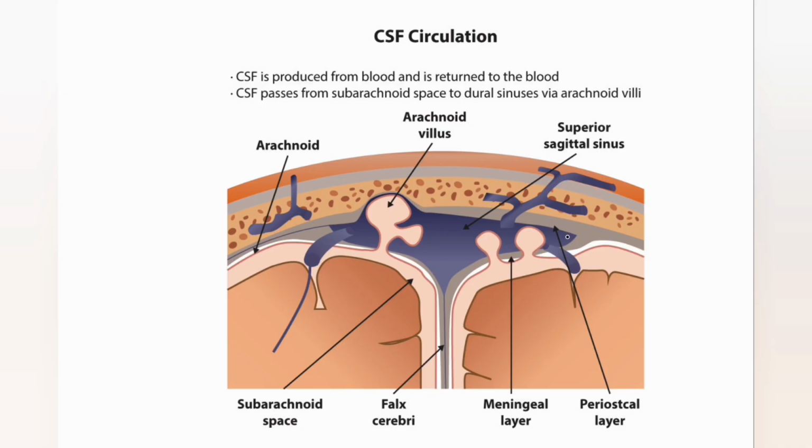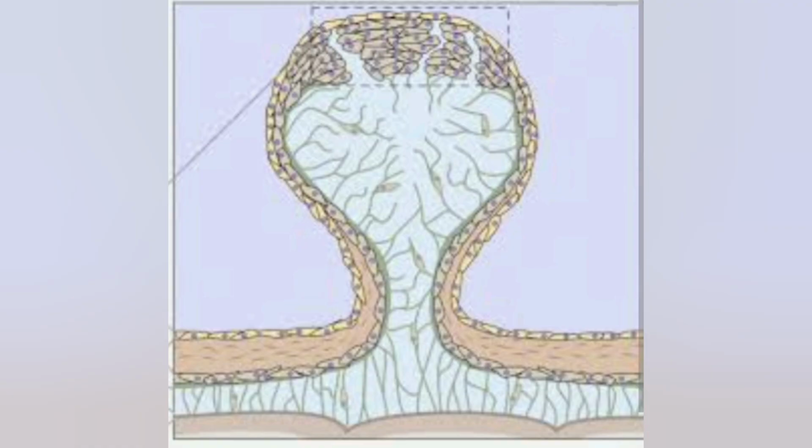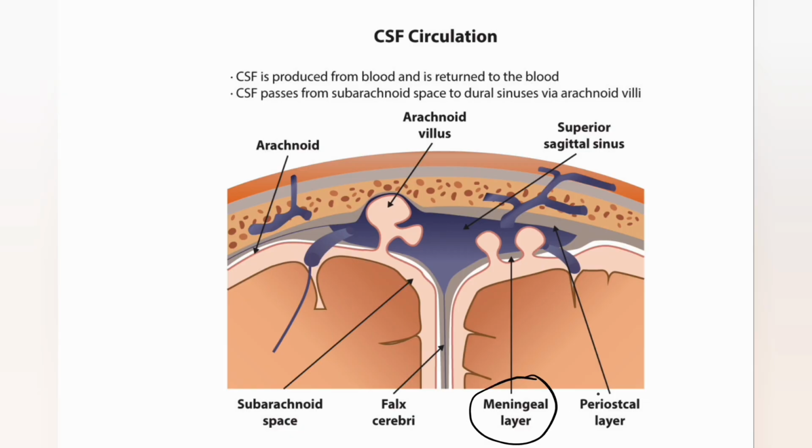Cerebrospinal fluid gets absorbed at the superior sagittal sinus via the arachnoid villi. Arachnoid villi are microscopic finger-like inward projections of the arachnoid membrane through the walls and into the venous sinuses. At the anterior portion of the sagittal plane, the layers of the dura get separated, forming a triangular area, and that area is covered with endothelial layers, just like a capillary.